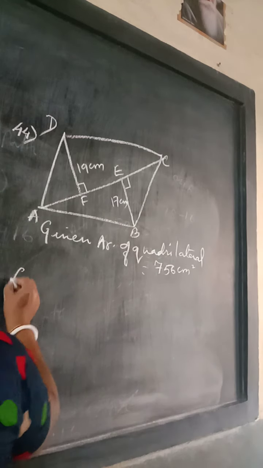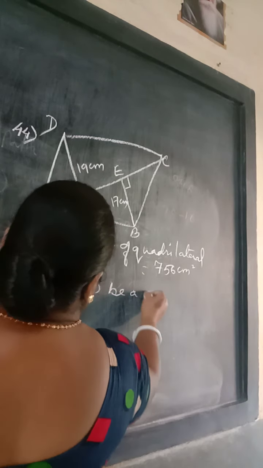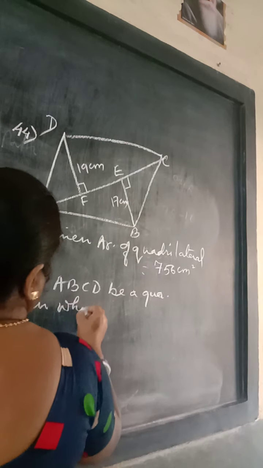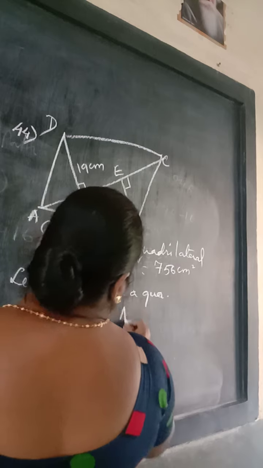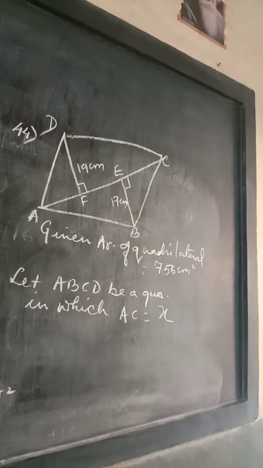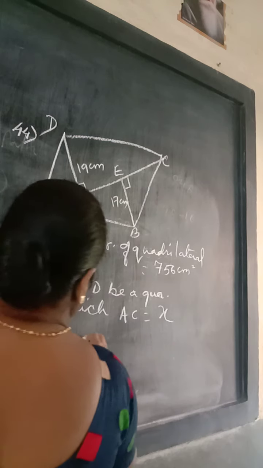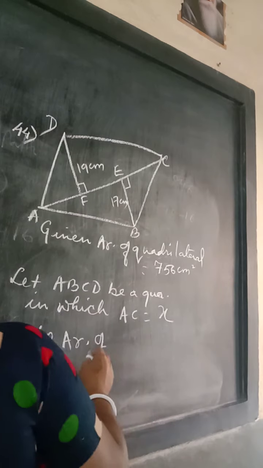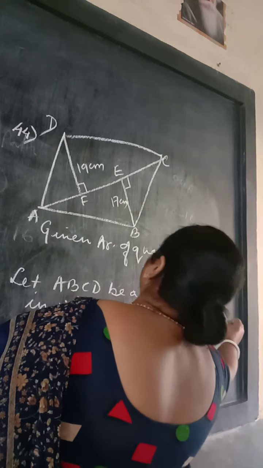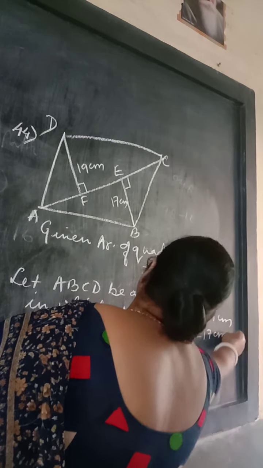Now, let ABCD be a quadrilateral in which I have taken the diagonal AC as x. DF is 19 centimeters and BE is 17 centimeters.